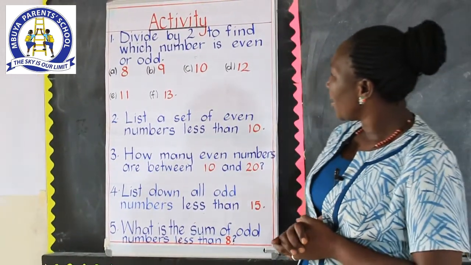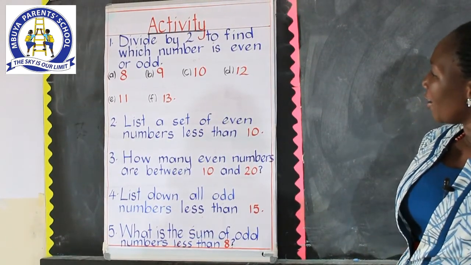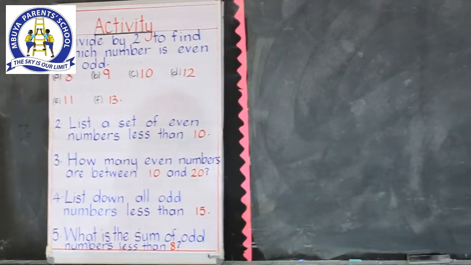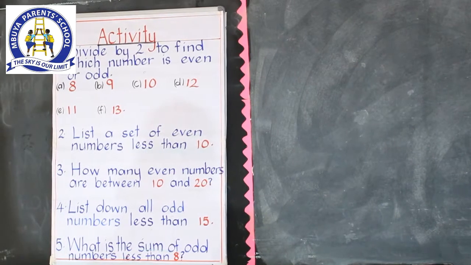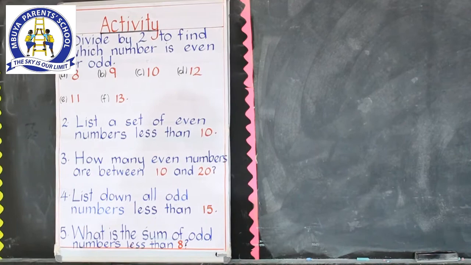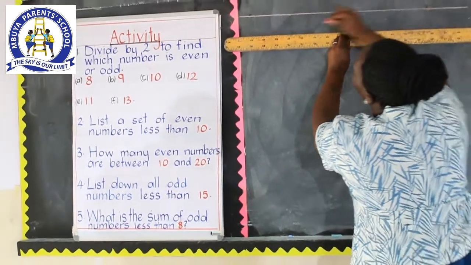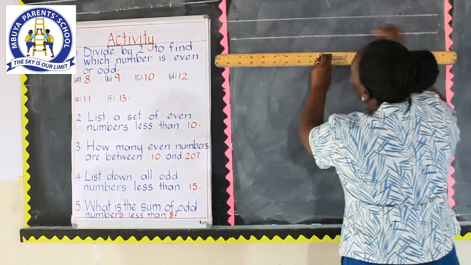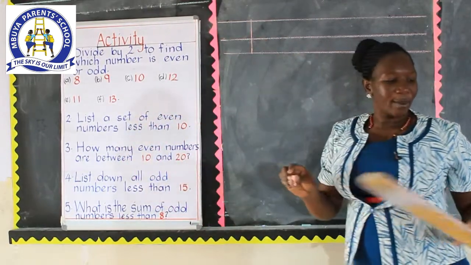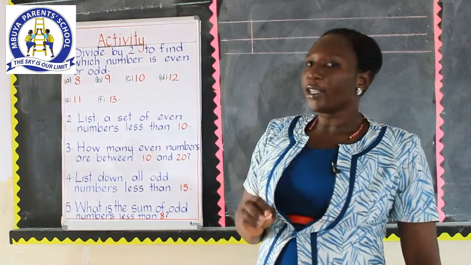When it came to number 2, it said, list a set of even numbers less than 10. I remember we used a table where we were showing the even and odd numbers.